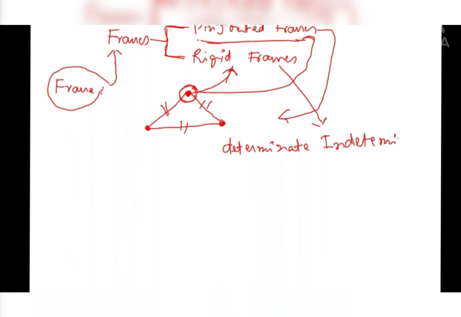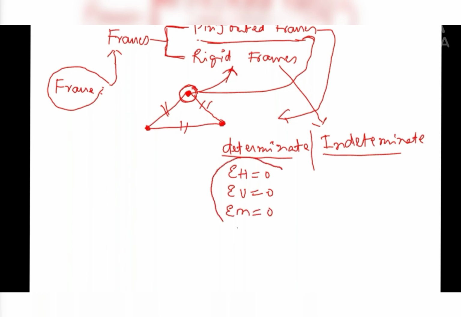So, friends, let me explain the difference between determinate and indeterminate. As you know, we have three equilibrium equations: sigma H equal to 0, sigma V equal to 0, and sigma M equal to 0.